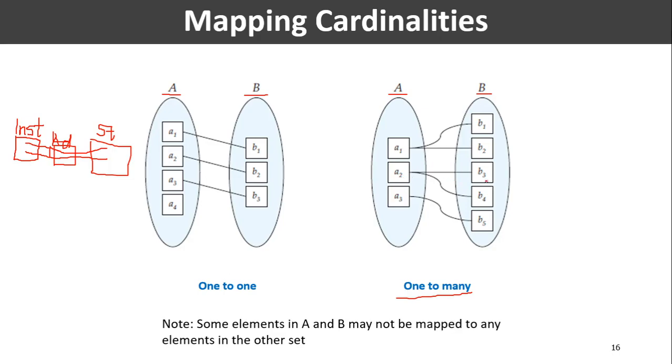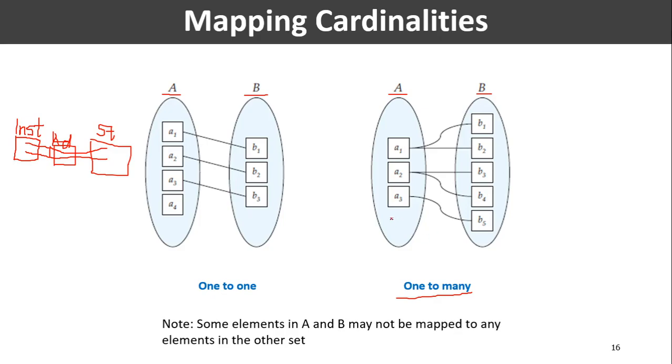A2 is associated with B3 as well as B4. A3 is associated with B5. So an entity in entity set A can be associated with any number of entities in B, including 0.